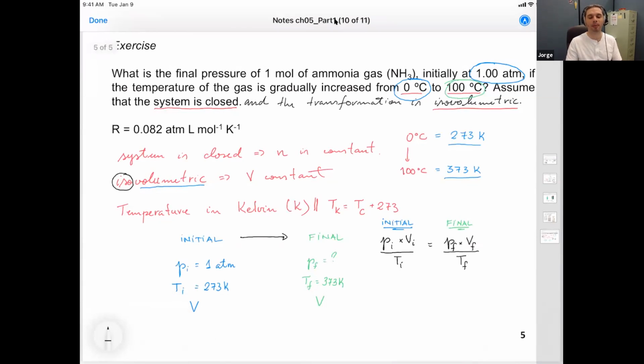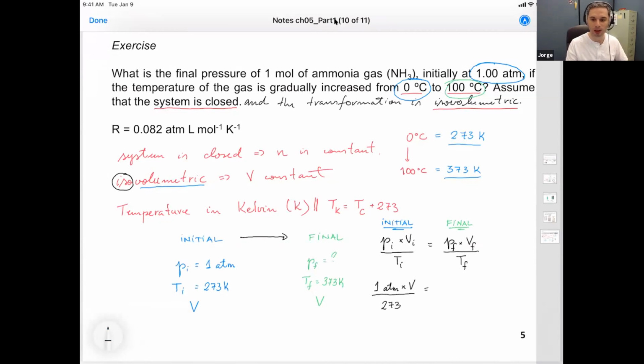Now it's just a matter of putting the information in the equation. Initial pressure is 1 atmosphere. We don't know the initial volume, but we called it V, divided by the initial temperature, which is 273.